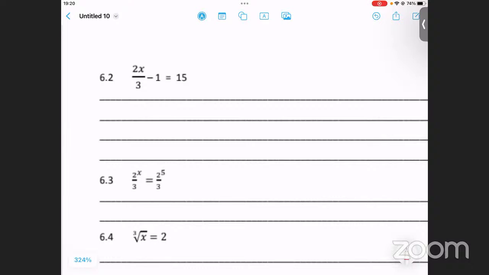It gives you 2x is equal to 16 times 3, which is 48. So 48 is equal to 2x. You divide by 2, and your answer should be 24, ma'am. Okay, thank you.